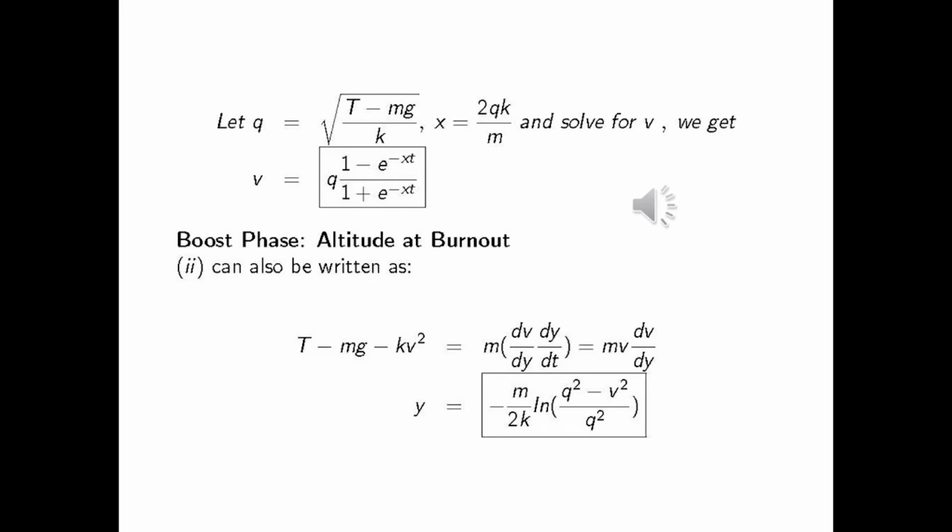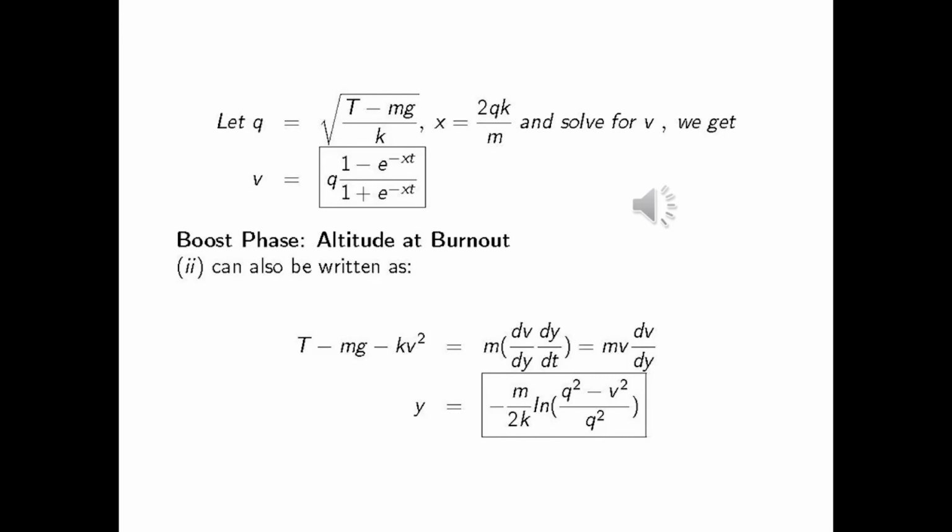Instead of T minus mg minus kv² is equal to m dv/dt, we're gonna times by dy/dy, which is just 1, so it won't change the equation in any way. But now we get dv/dy and dy/dt. So dy/dt is just v itself. So now we only have dv and dy, and v and y as variables.